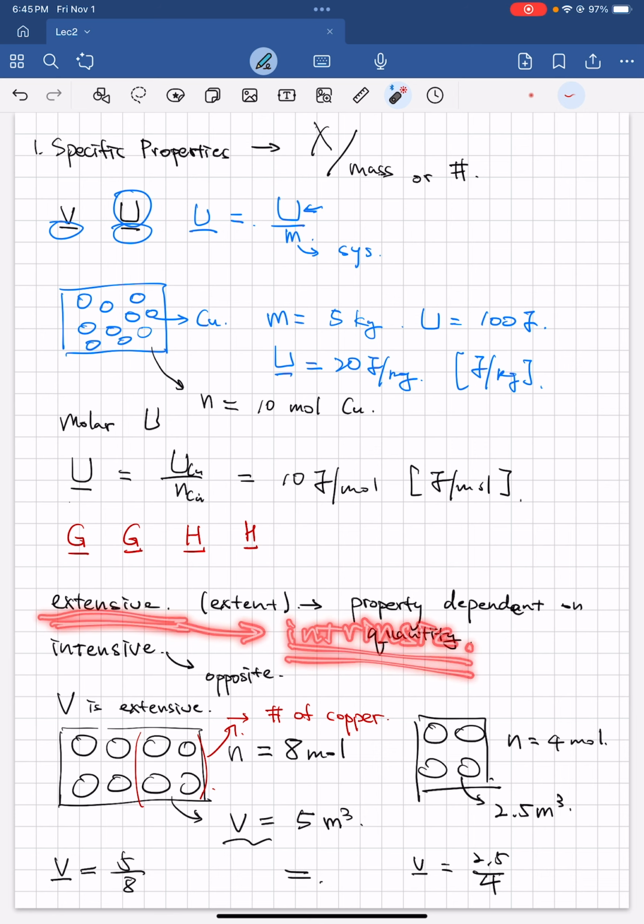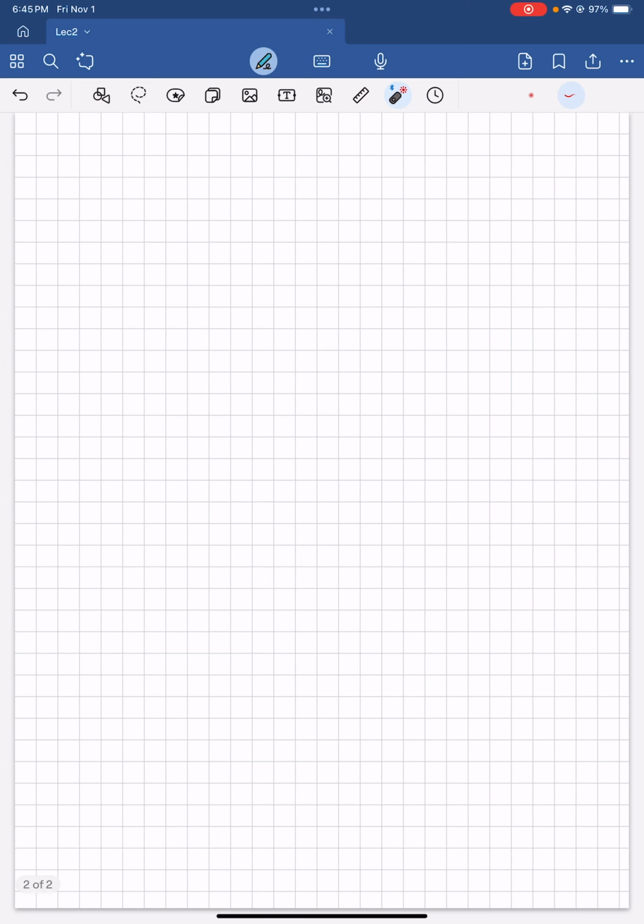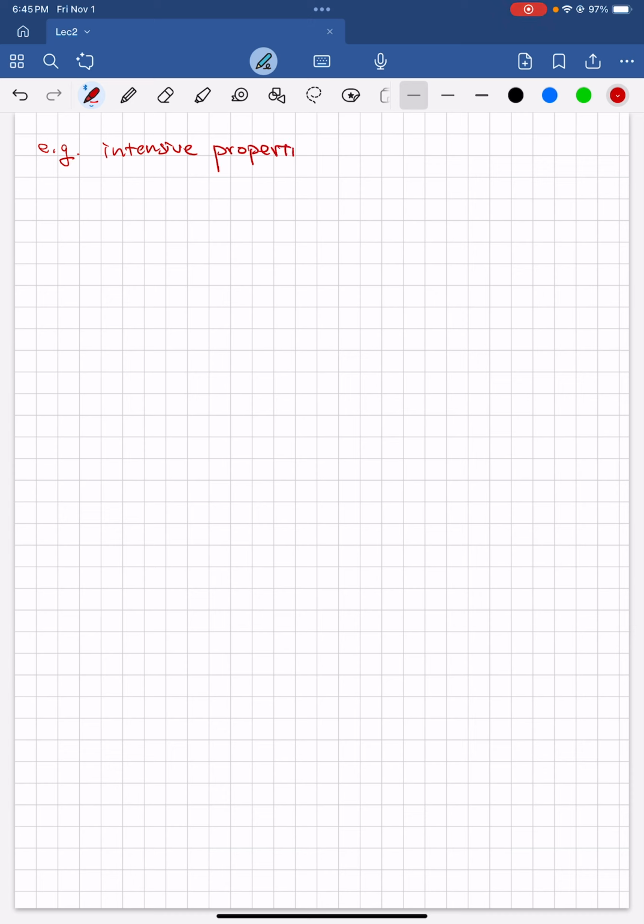Okay, our goal is to have all the intensive properties. You can think of it like this. So we have to think about what is the example of intensive properties. Well, it's something like temperature or pressure or density, right?